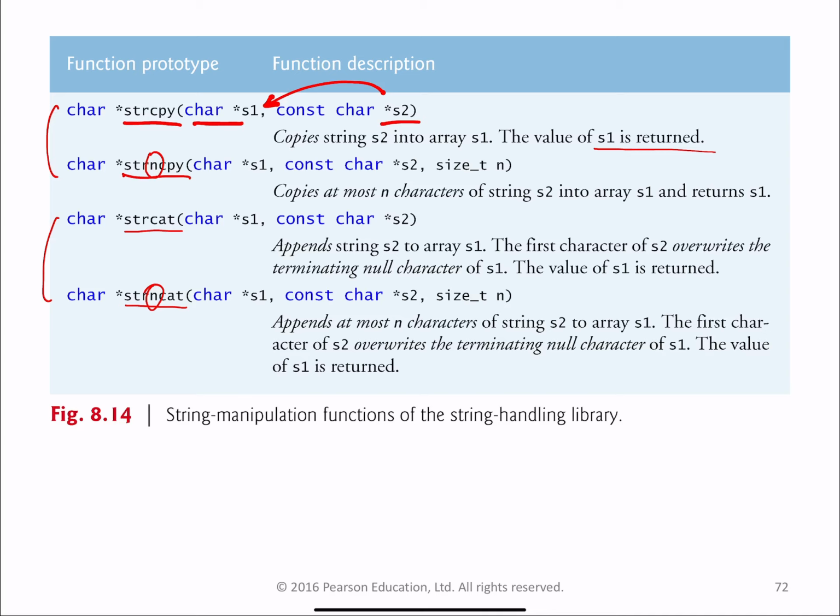And you see that in the return type, it's a character pointer. And in that sense, all four of these functions do the same thing. The output produced by these functions is returned in the form of a character pointer, the start of the string that they produce.